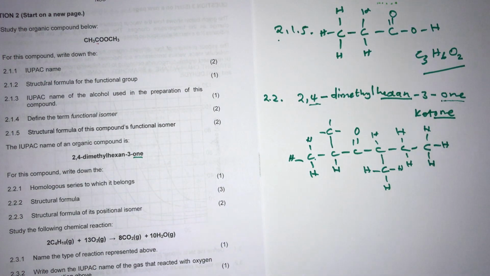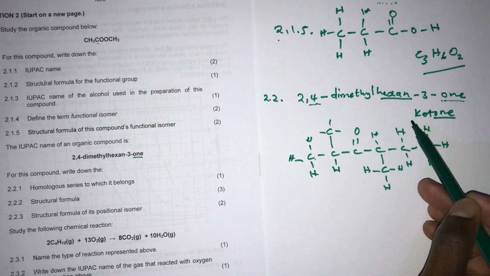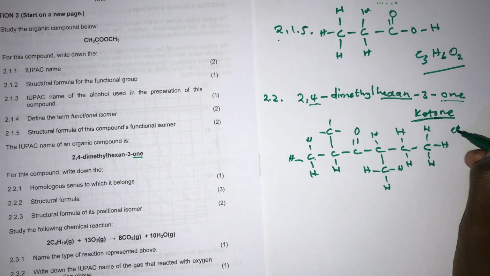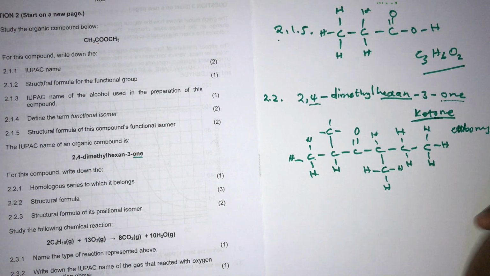Now, we also said the homologous series is a ketone. So what is the name of the functional group here? The name of the functional group is a carbonyl, right? So this one is a carbonyl group.